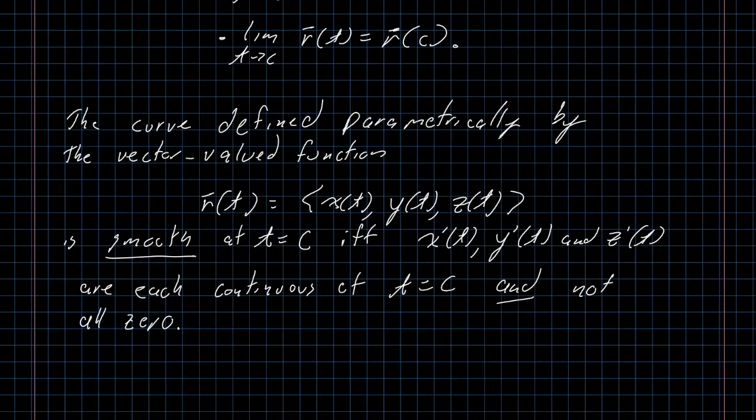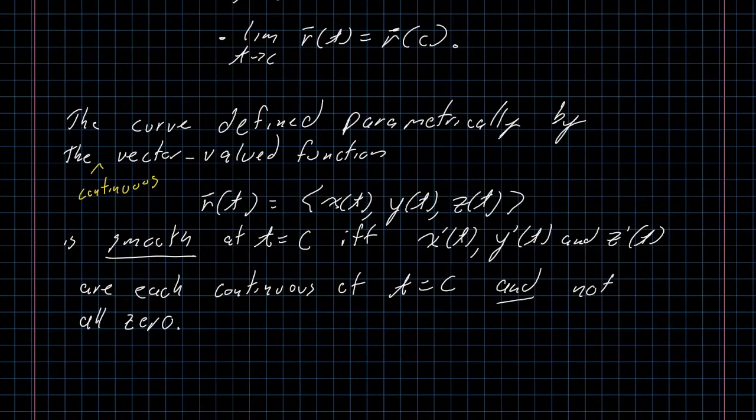I still left the word out. I'm sorry. All right. The vector valued function does still have to be continuous. We need a continuous vector valued function and then more things.